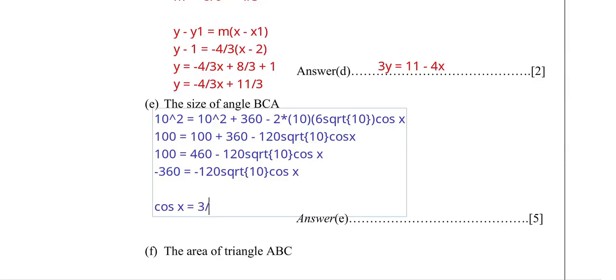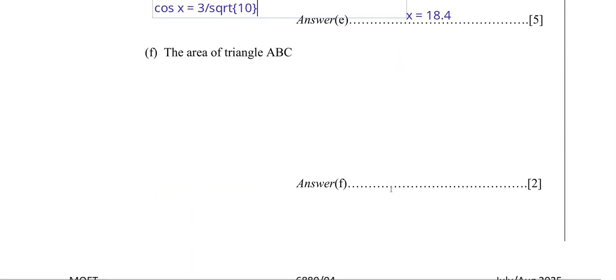Then taking the inverse cosine, X is equal to 18.434, which is 18.4. Next question, which is question number F, the area.